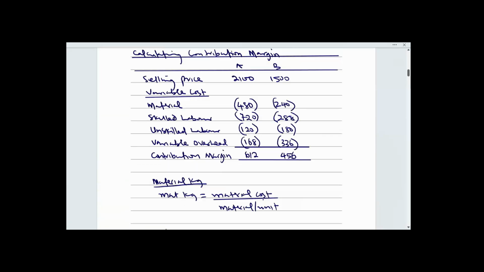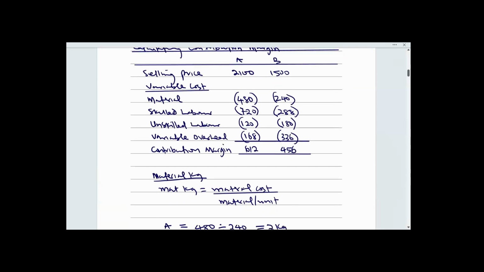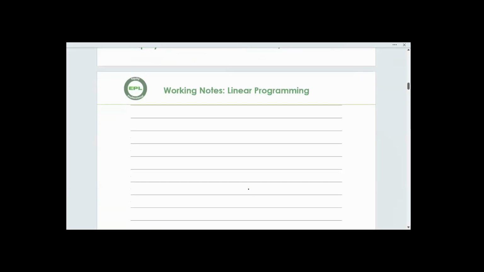What else? According to the question, we also have machine hour as a constraint. And you are told in the question that variable cost is based on machine hour. Variable cost per machine hour is 84 naira. So, machine hour.